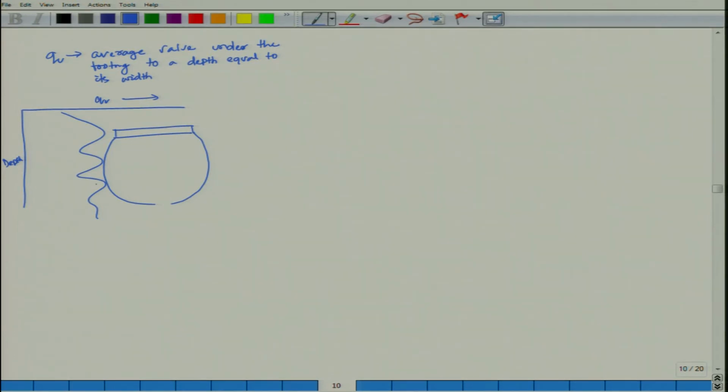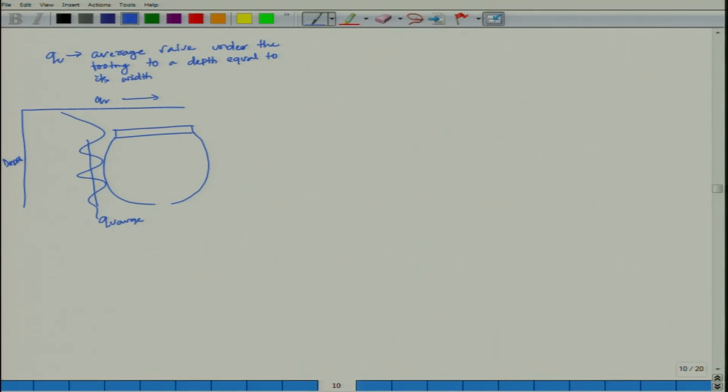That means from here to here, if I take the QU average and compare it over this range, I can say this depth is absolutely fine for foundation design. So, this depth will be considered as a zone of influence or pressure bulb.